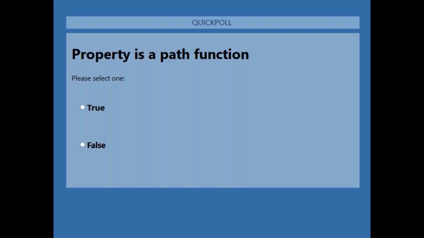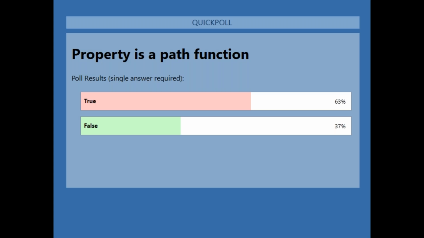Okay, let me close this poll. Can you see the results on the screen?